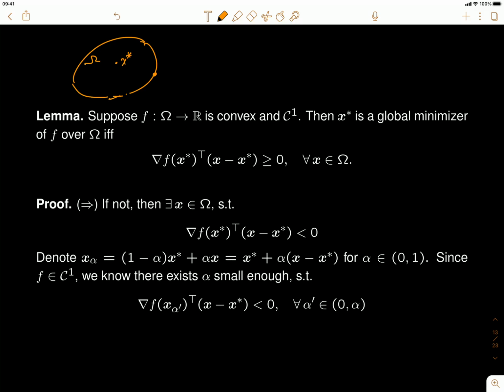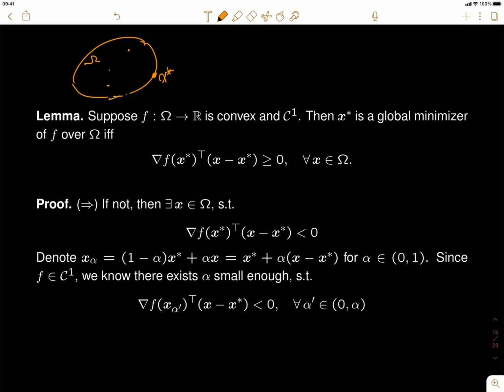And what is the significance or difference here is that this also includes the case where x star is not an interior point. For example, if x star is here rather than in the interior, the x we chose here can be any point from omega. So the x could be here, or here, any point in omega.